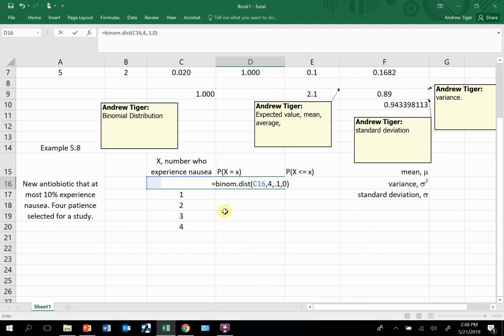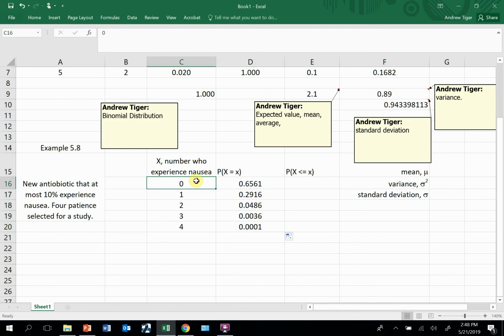So look what I've done. This will give me the probability that exactly 0 people get sick, given that I've tested 4 people and the chances of getting sick is 10%, and I want to know exactly 0. So it's pretty high. And I'm going to copy that down for all of these.